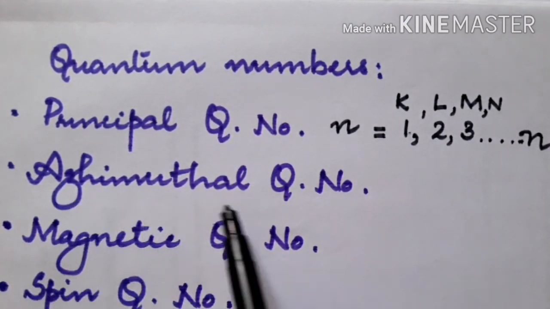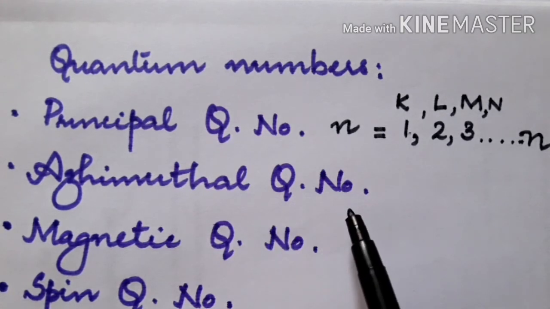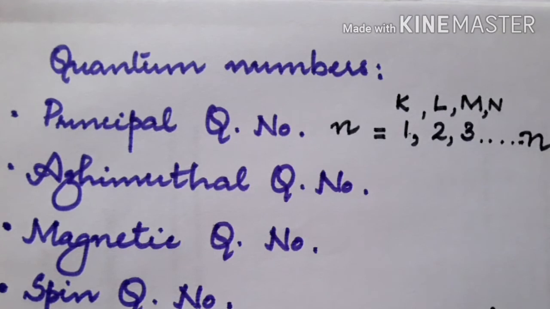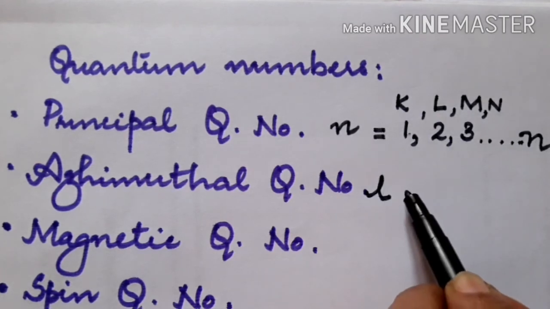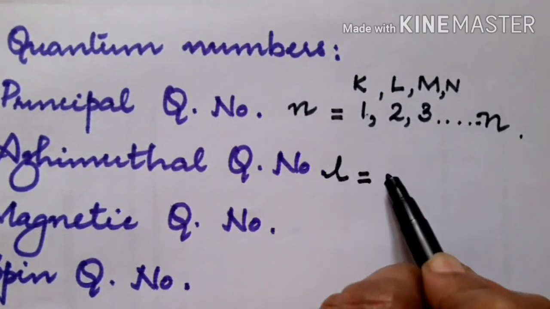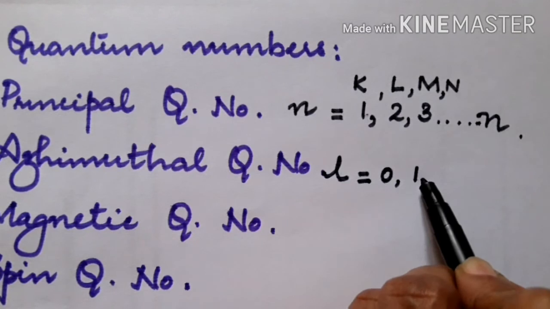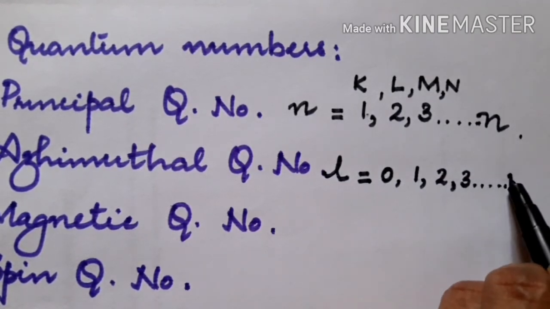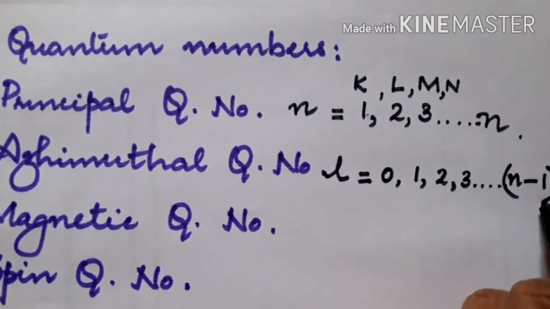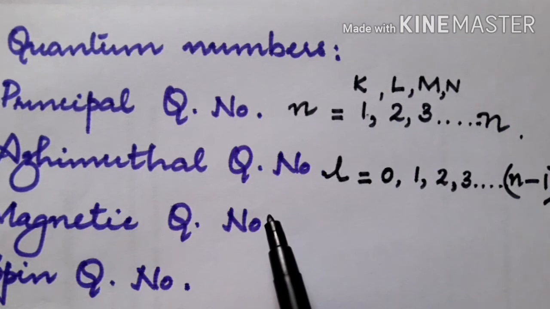The second one is known as the azimuthal quantum number, otherwise known as the orbital angular momentum quantum number or subsidiary quantum number, designated by the letter L, and L will have values starting from 0, 1, 2, 3, etc., up to n minus 1. A total of n values will be there, and that helps to understand the shape of the orbitals.